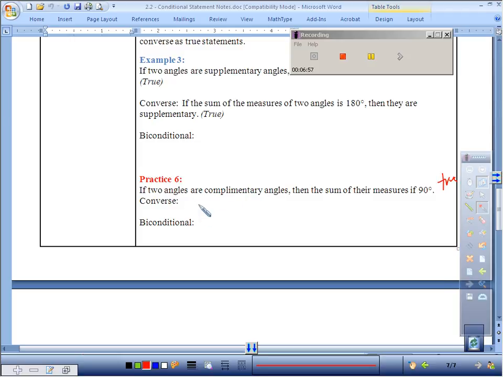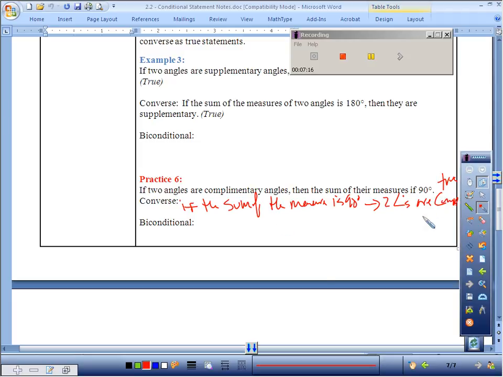The converse then says, if the sum of the measures is 90, then two angles are complementary. This again is also true.